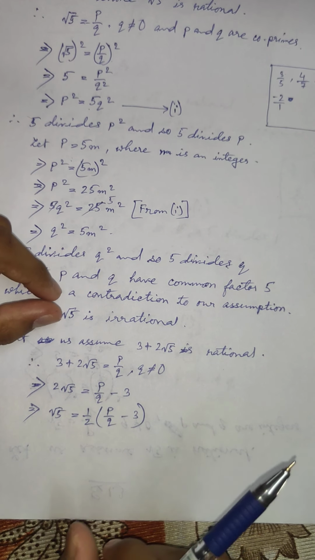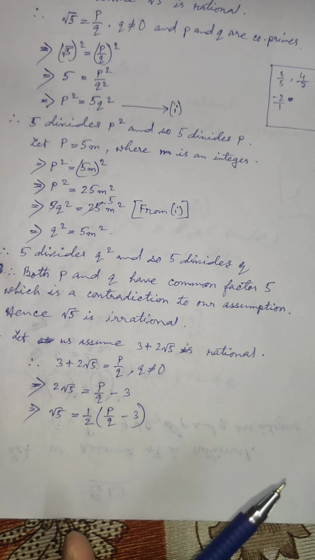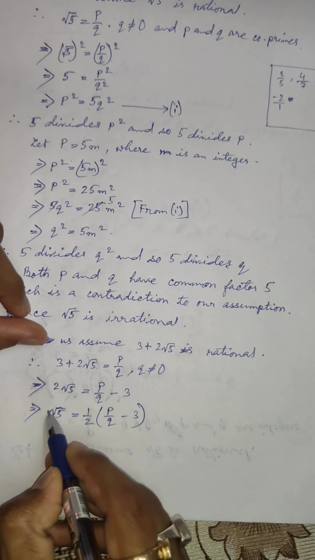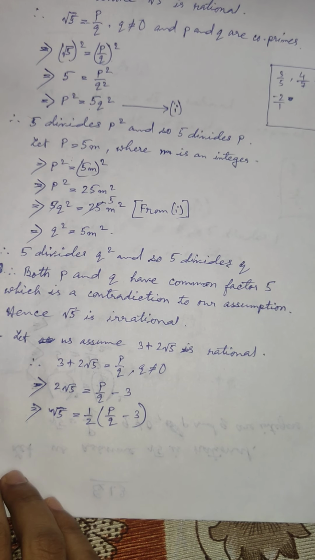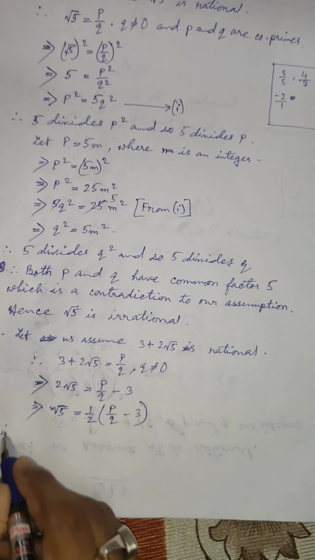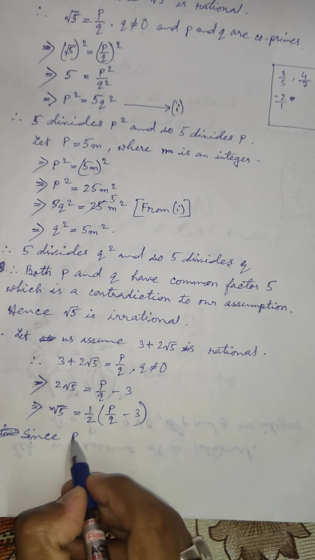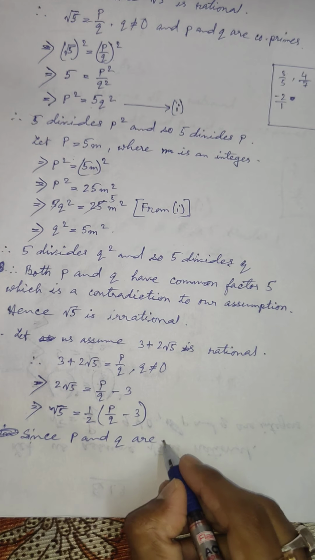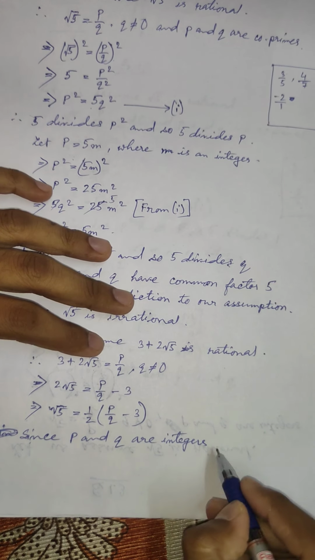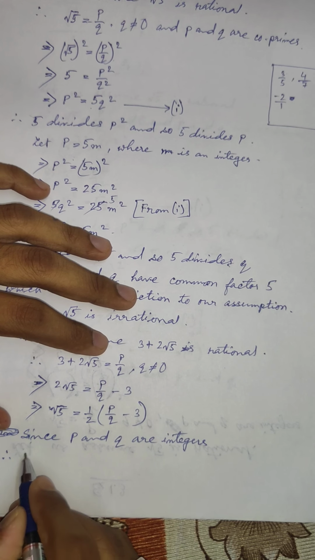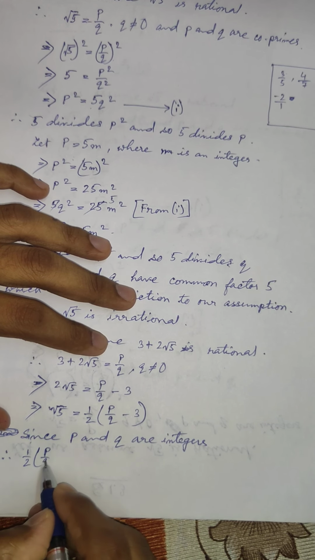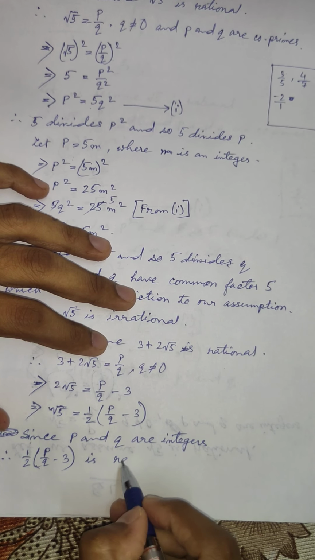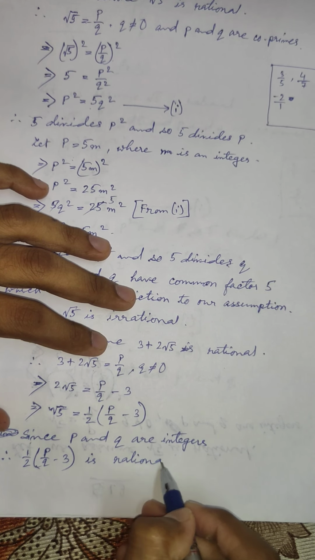When you carry out an operation among the integers, the result will also be an integer. Therefore, it is definitely a rational number. So if it is rational, which is a contradiction.